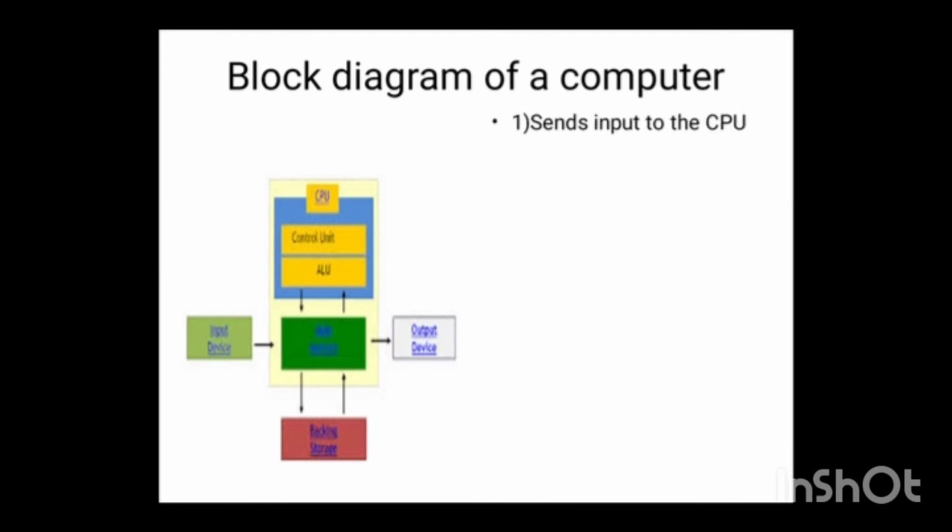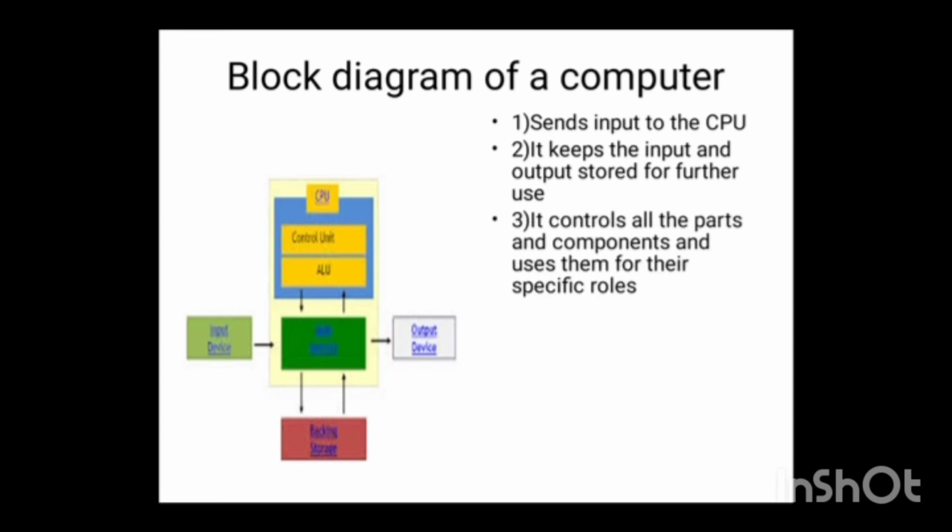First, you are inputting data through an input device. Okay. Now, it keeps the input and output stored for further use. Whenever you are giving an input data, it comes to the memory and is stored. After that, after storing, the data will go to the CPU.